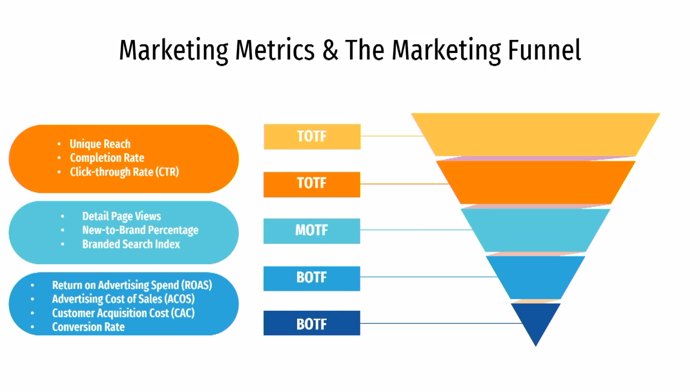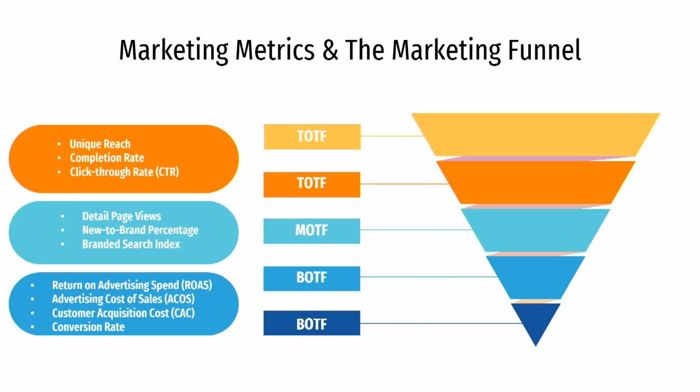Then completion rate, how many individuals have actually performed a particular desired action. Click through rate, how many people have clicked through the given link. Then coming to the middle of the funnel, because middle of the funnel corresponds to the consideration stage.